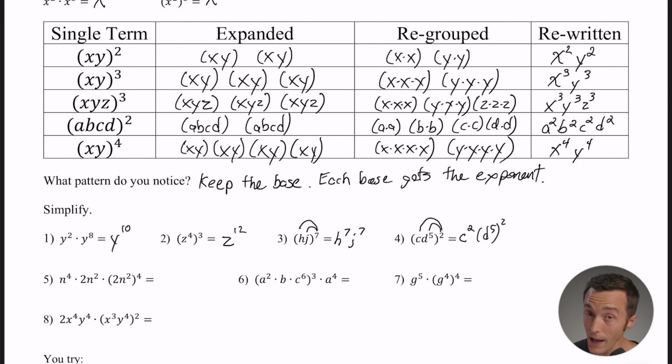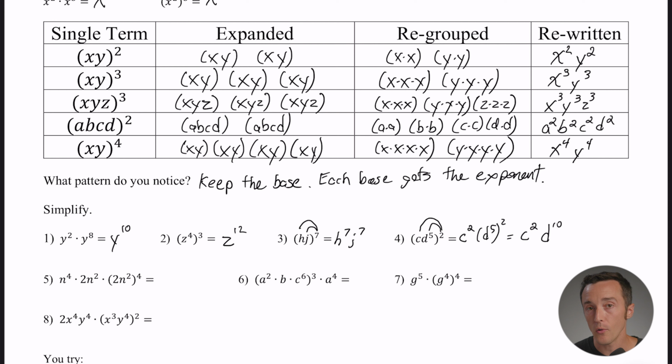And that's correct, you're just not finished yet. The reason is that there is another rule we can apply. The c squared is fine as it is, but if you remember from the previous video, when I have d to the 5th power to the 2nd power, that's a power to a power. And that tells me to keep my base and multiply my exponents. So 5 times 2 is 10.